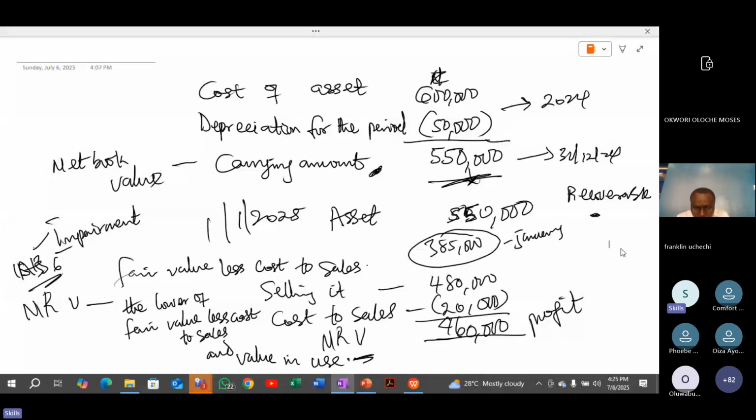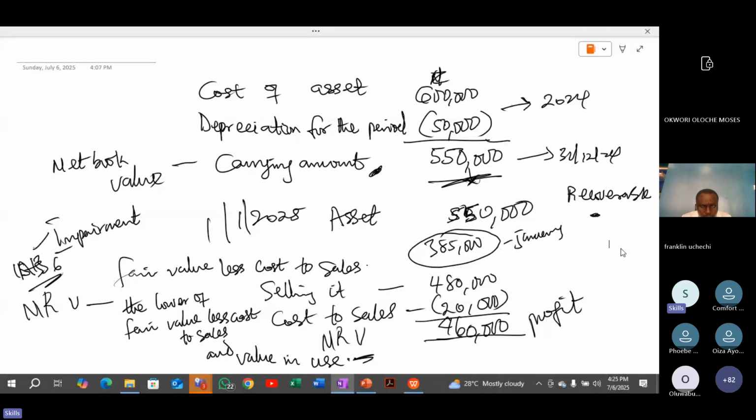Normally, if you want to make profit, you will sell above it, isn't it? If you sell above it, you will have profit. Now, you are not selling it at 450. Is it loss or gain now? It's a loss. Now, that is what we call impairment.